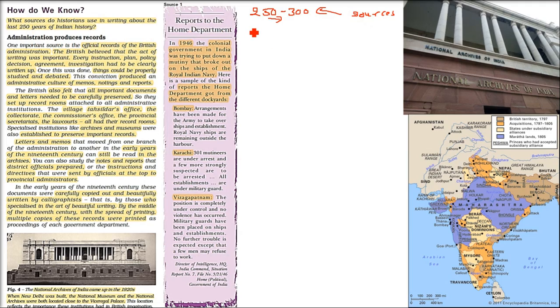So the first thing, how we know all this, is the administration. Because when the Britishers administered, that is Prashasan, they would have official records. Most of the information we are getting is from official records. Because the Britishers had one very firm belief, that everything should be written. Writing is important. Whatever is there, write it.